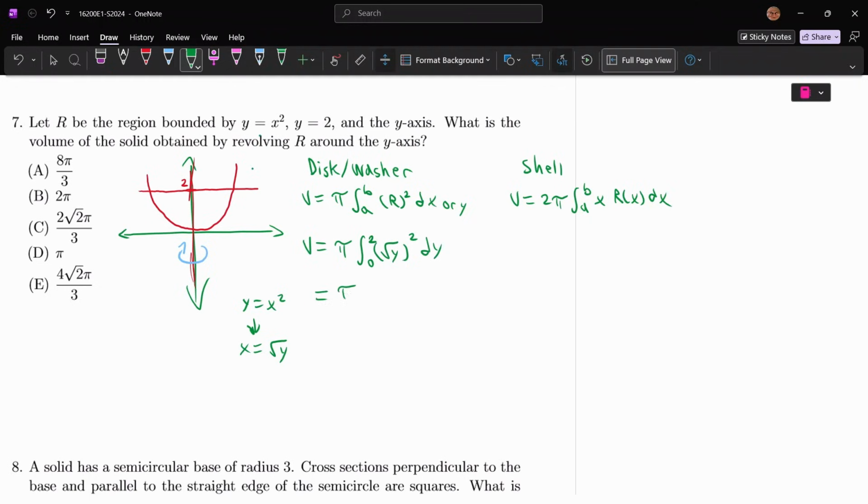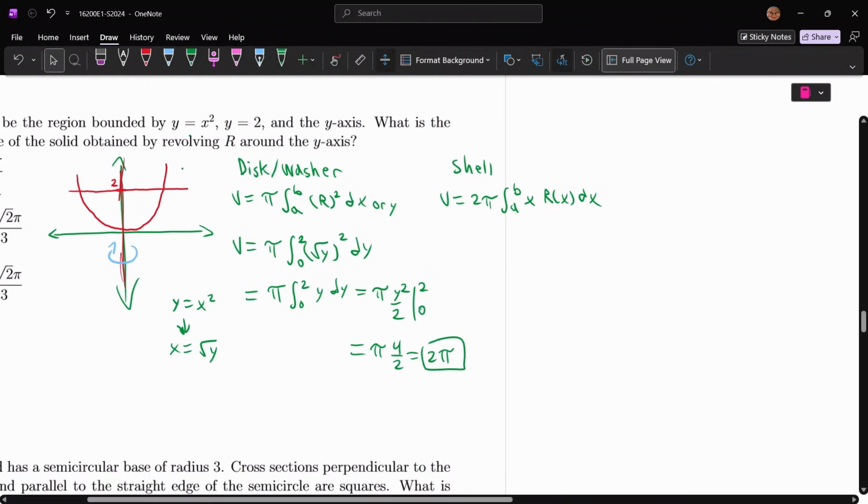And then this turns into pi times the integral from 0 to 2 of y dy, which equals pi times y squared over 2, evaluated from 0 to 2. Wait, I forgot a pi. And then this is just going to become pi times 4 over 2, which equals 2 pi. And so this is how you get the volume using the disk and washer method. And so in this case, the answer would be B. Now I'll show you how to do it using the shell method.